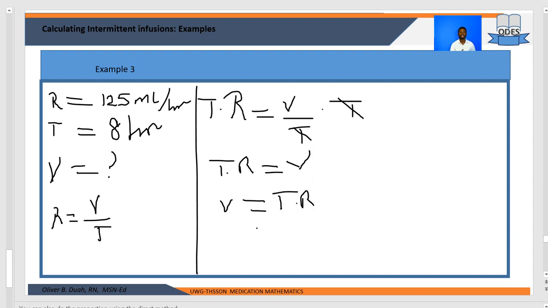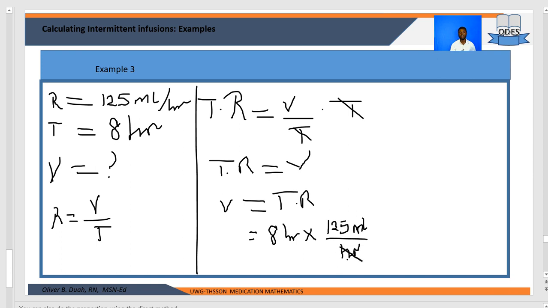time times rate. And this is going to be 8 hours times 125 ml per hour.